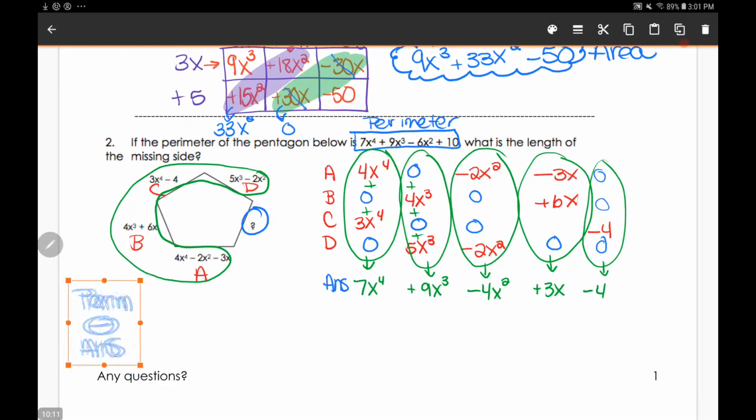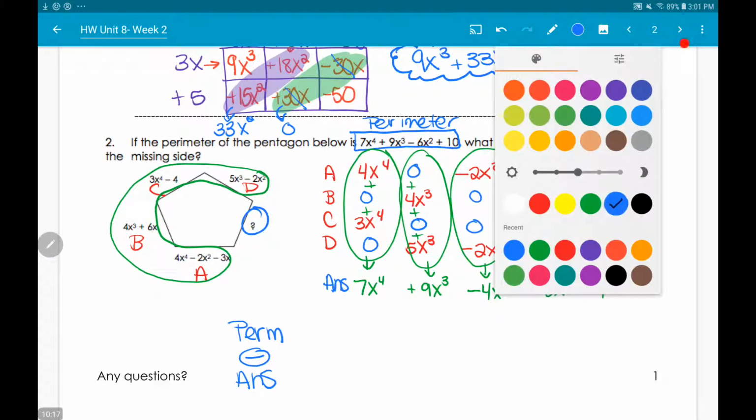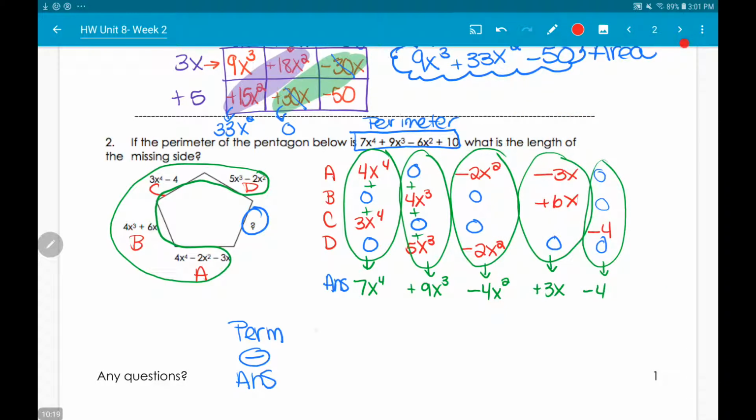And my perimeter has to go first. So I'm trying to figure out what's left over after I take away that answer.